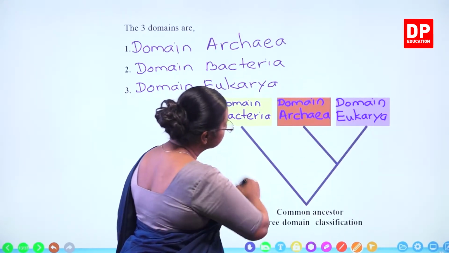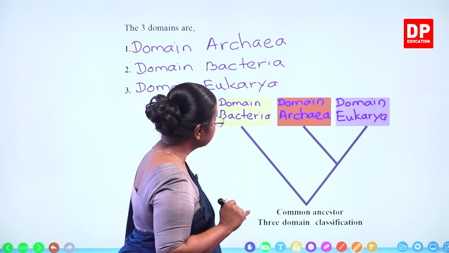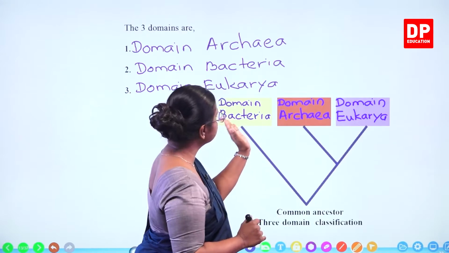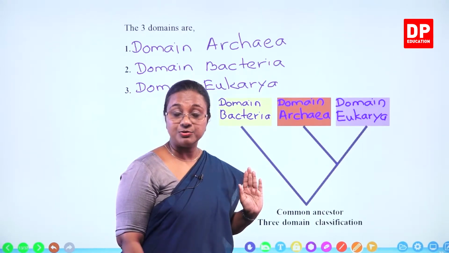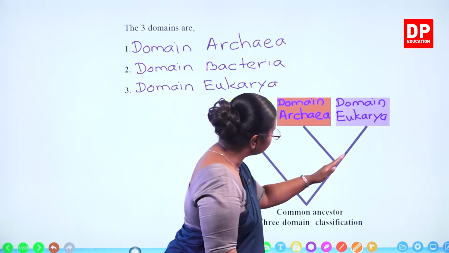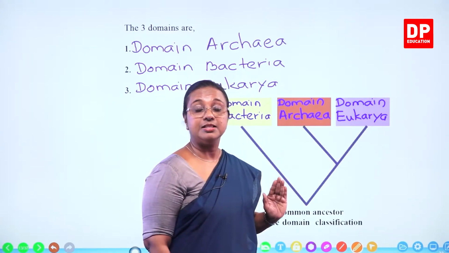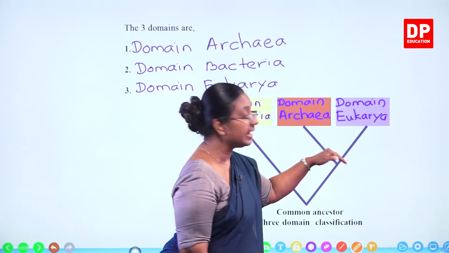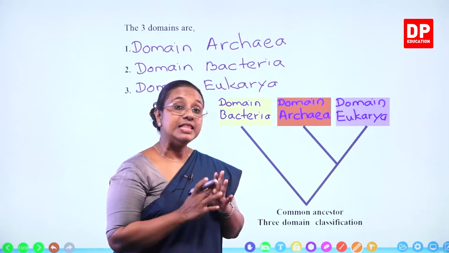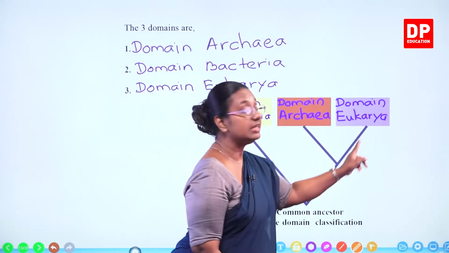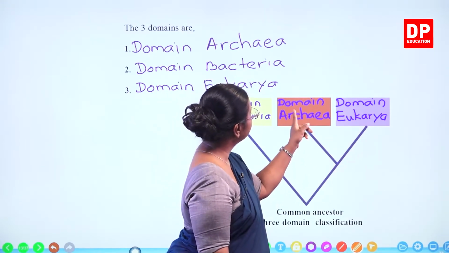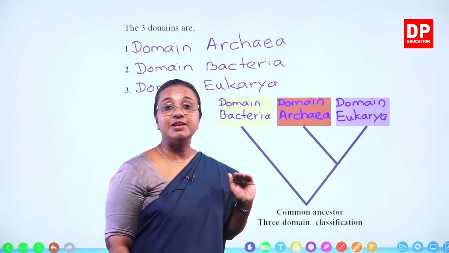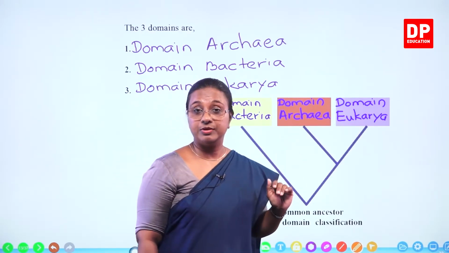So from this diagram, students, you all can understand bacteria developed from the start, from the common ancestor as an evolutionary path. On the other branch, up to this point, the development has been common. Thereafter, there is a division, and that develops into Domain Archaea, and on this side, there is a development up to Domain Eukarya.